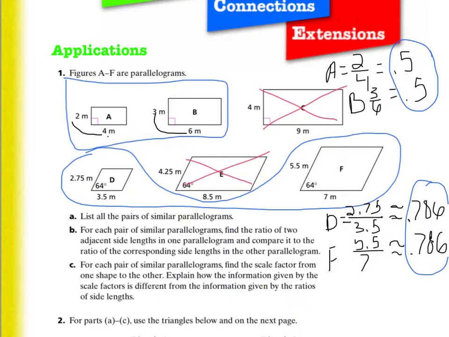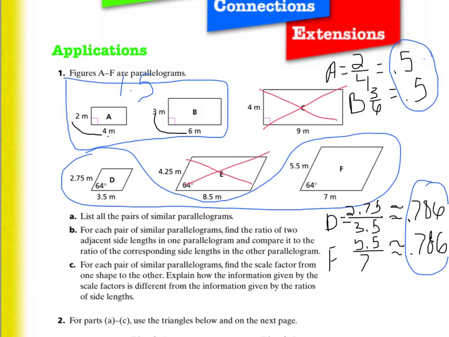Okay, C says for each pair of similar parallelograms, find the scale factor from one shape to the other, and explain how the information given by the scale factors is different from the information given by the ratios of the side lengths. So the scale factor from A to B is 1.5, which we had figured out earlier. The ratio is 0.5. So that is different.